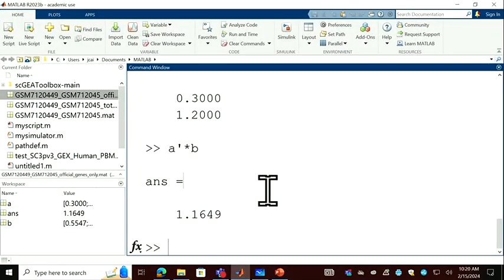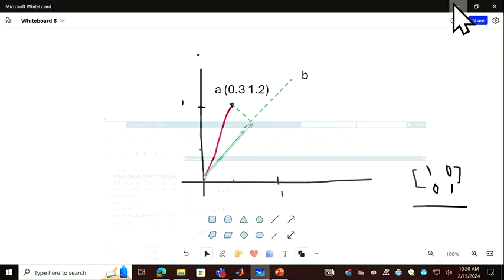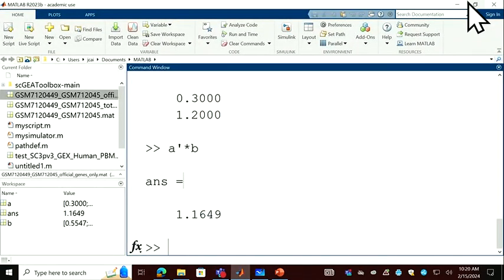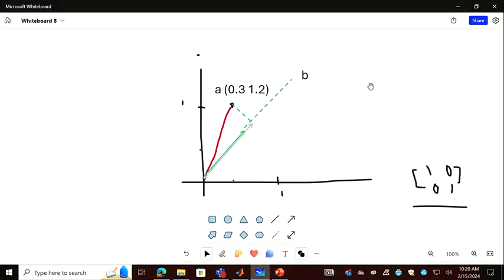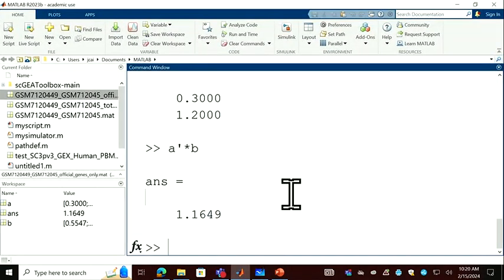But now I can make B not only one vector, I can use two vectors. Sorry for this. So now B is just the x-axis. I can define the y-axis at the same time.